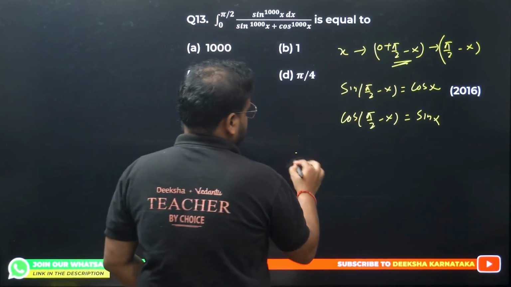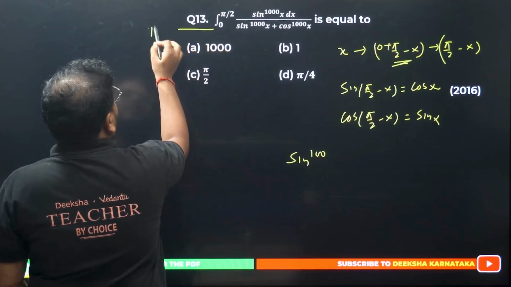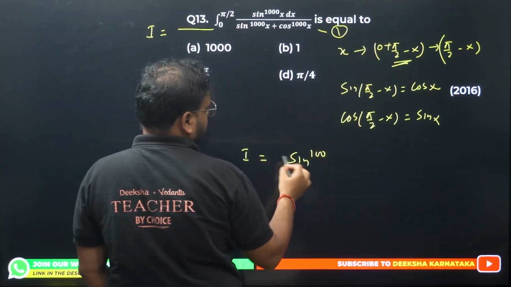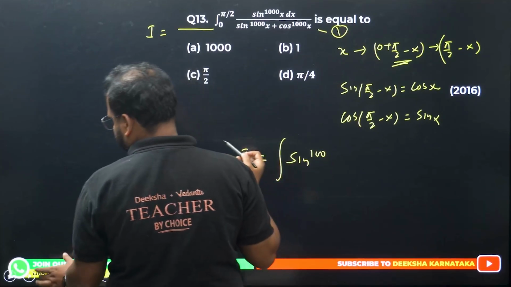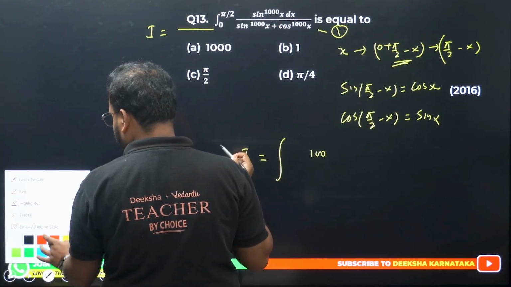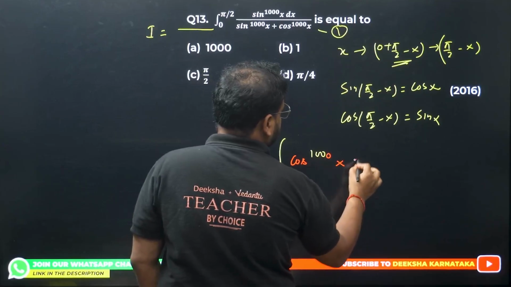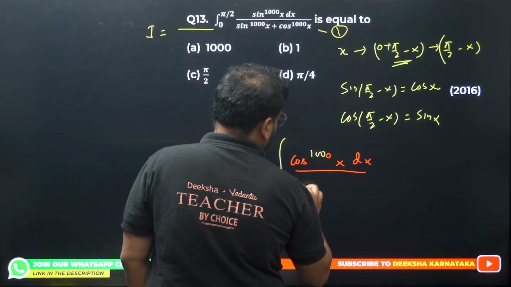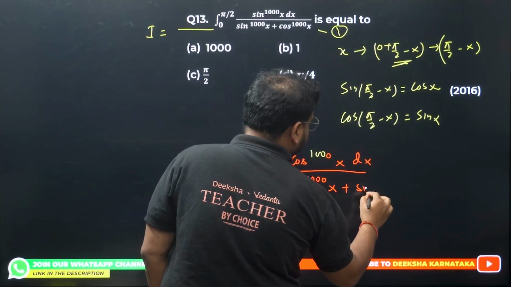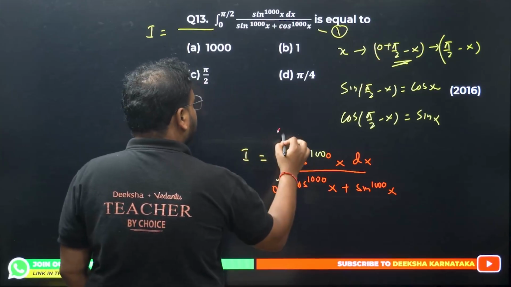If I call this integration I, equation number 1, I'll have integration I again, after the change: cos power 1000 x dx divided by cos power 1000 x plus sine power 1000 x. The limit remains the same, 0 to pi by 2.